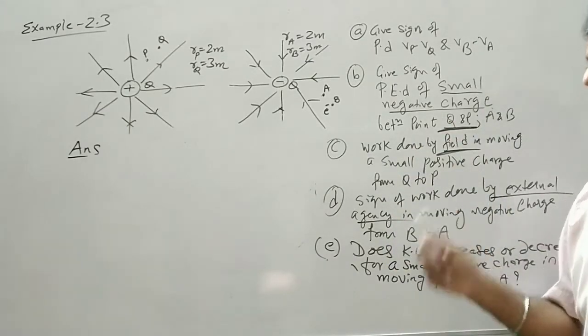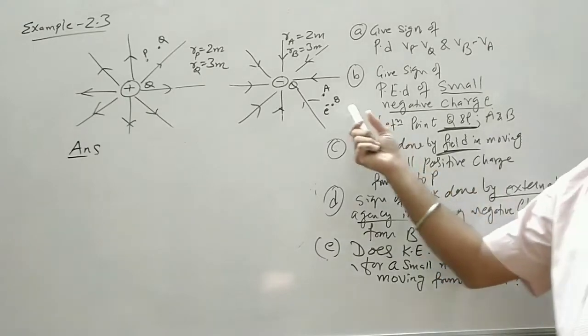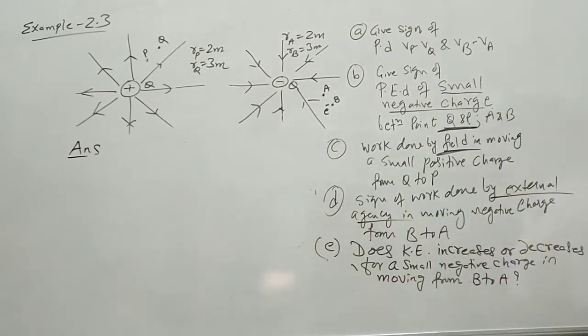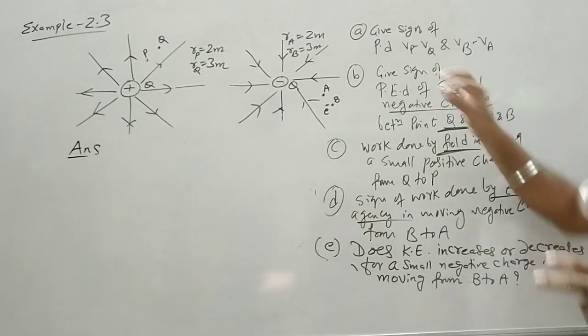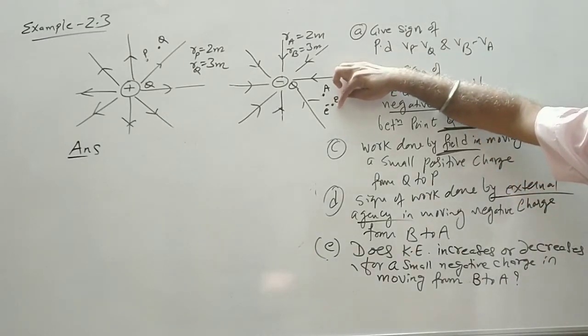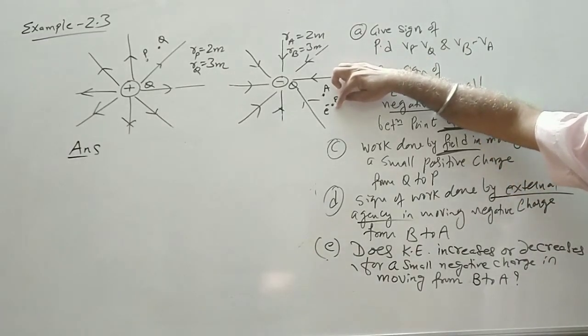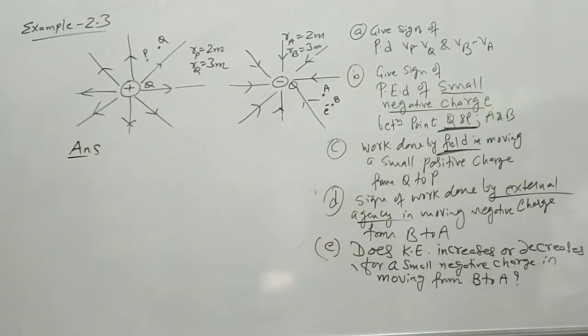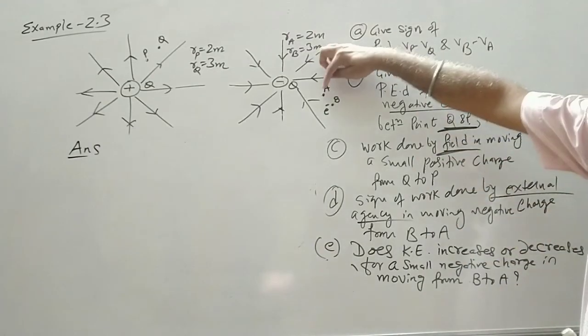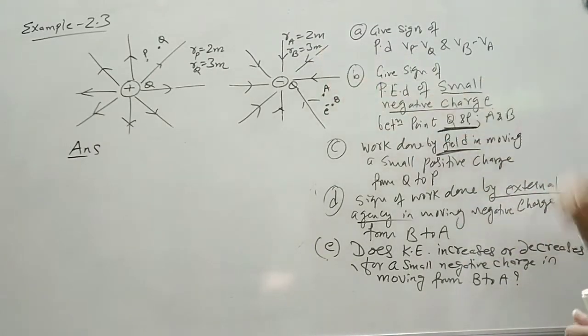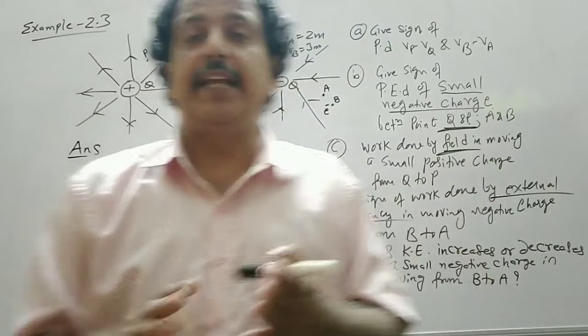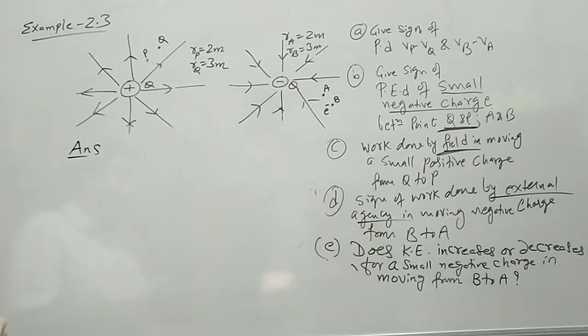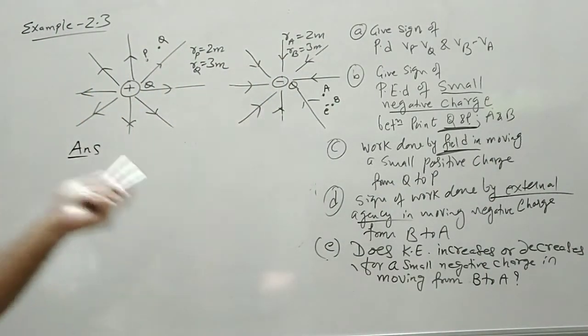Now, if I freely keep the electron at point B, it will be accelerated outward. Or if I keep it at point A, it will be accelerated outward, so its velocity will increase from A to B.